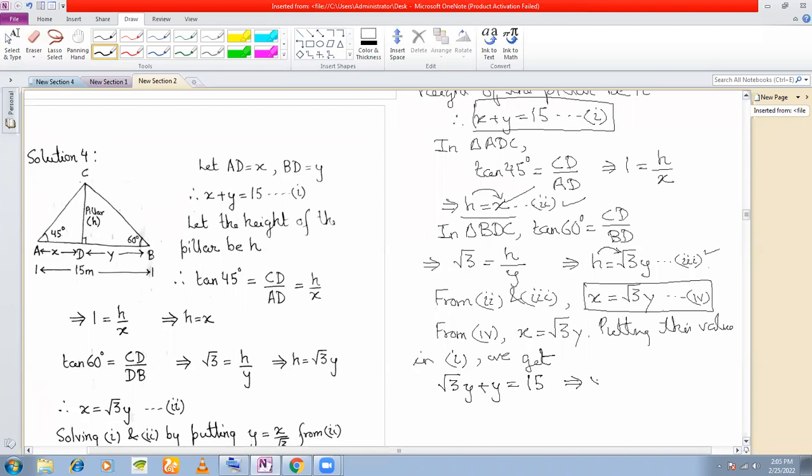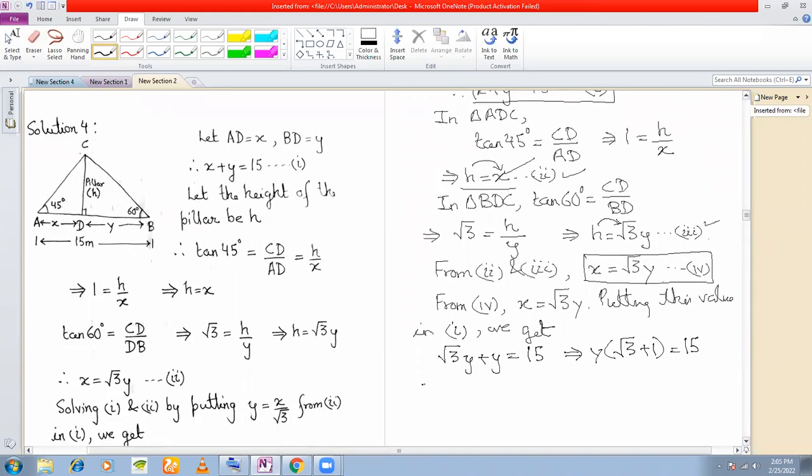So you can take y common, you get y times root 3 plus 1 is equal to 15. That means you get y is equal to 15 by root 3 plus 1, right? We have solved for y.